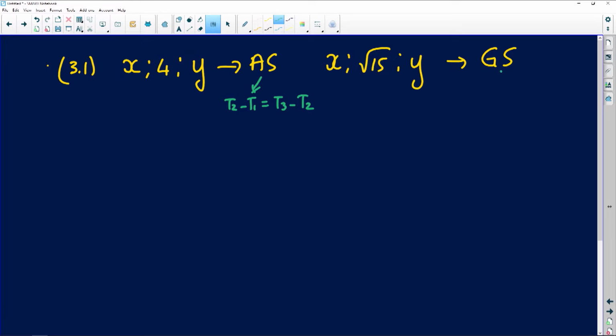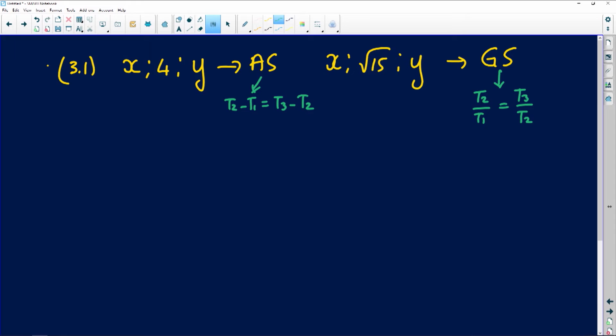For a geometric sequence, we have a ratio. Term 2 divided by term 1 must equal term 3 divided by term 2. Then we have a geometric sequence. Okay, so let's now carefully look at what we have in front of us. Let's play a little bit with this idea.